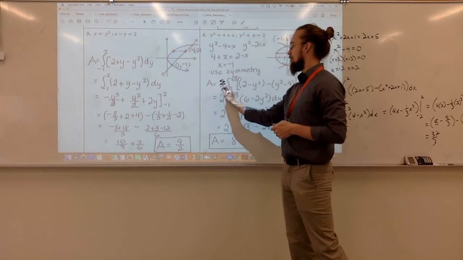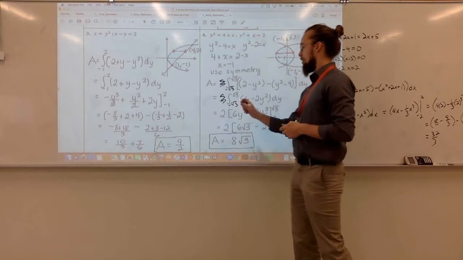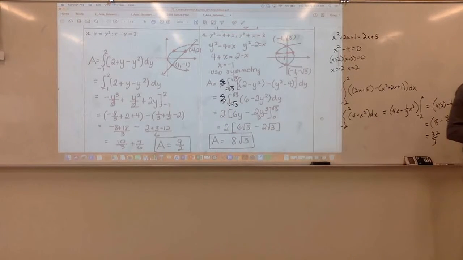Rather, you just make your bounds negative radical 3 and positive radical 3. Any other questions on the homework? Feel okay with finding area between two curves?